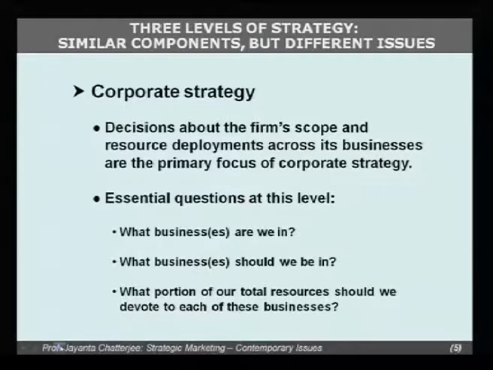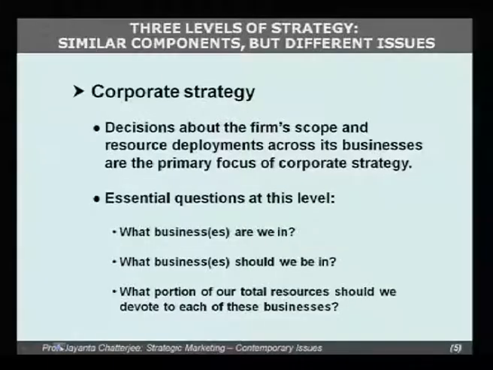So, corporate strategy deals with decisions about the organization's scope and resource deployment across the different business units. At this level, we must answer what business we are in. Do we want to be a conglomerate?